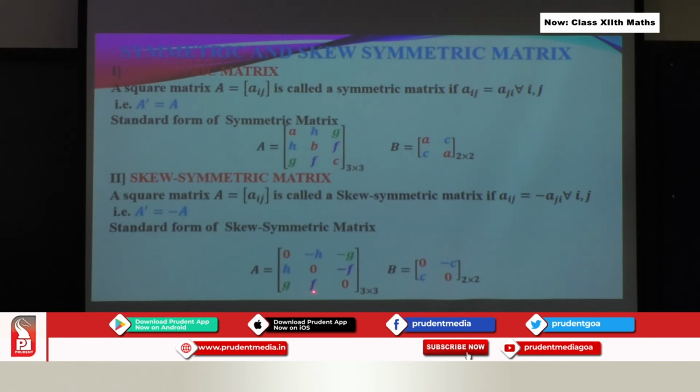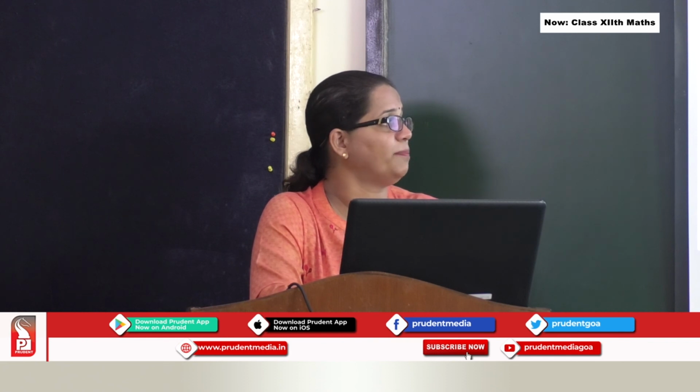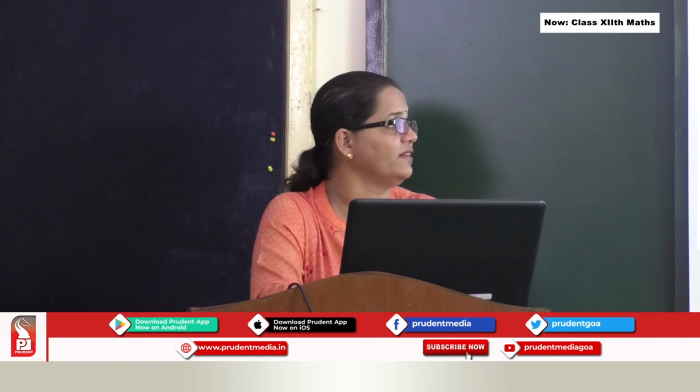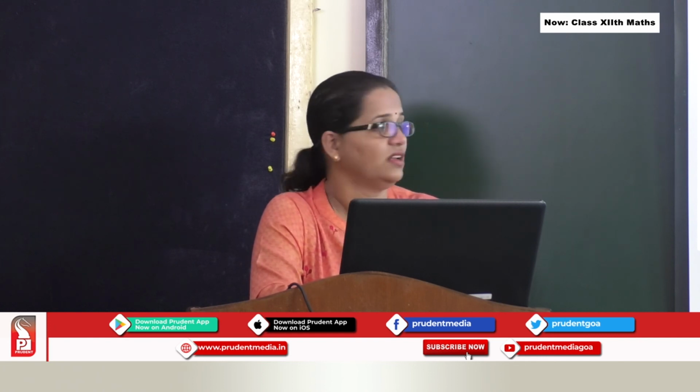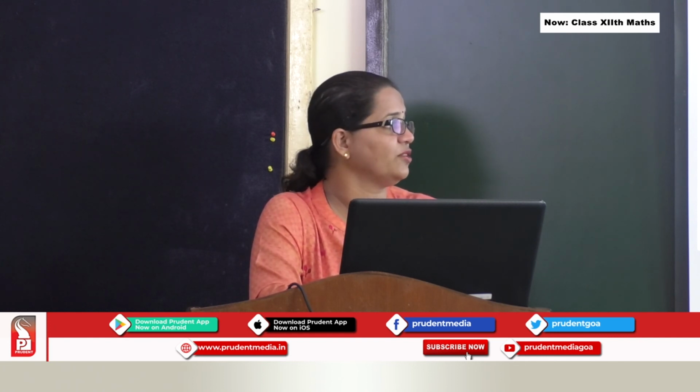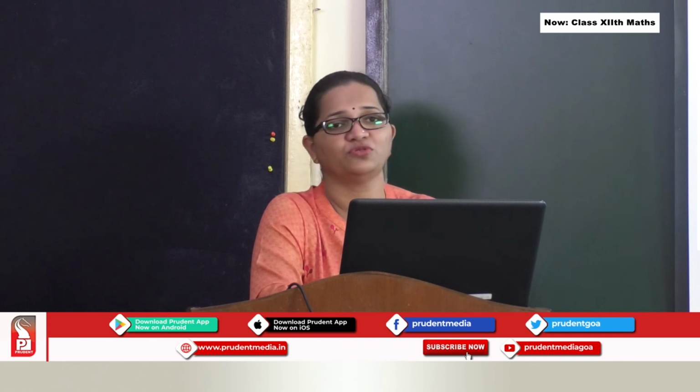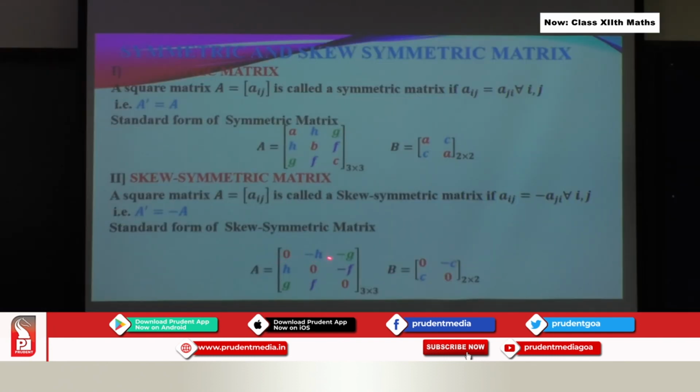Next here, this is F, so this is minus F. Not necessarily on the upper half you will have all negative and in the lower half you will have positive. It is not necessary. Just remember whatever entry you have, the negative of the entry is supposed to be over here. So if you see this kind of pattern in any matrix, you can say by direct observation the given matrix is skew symmetric matrix.